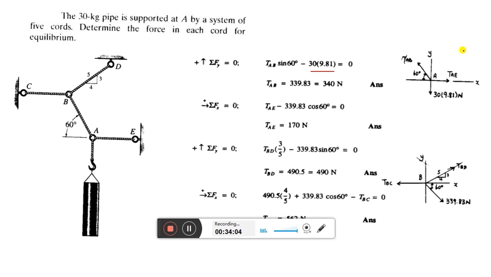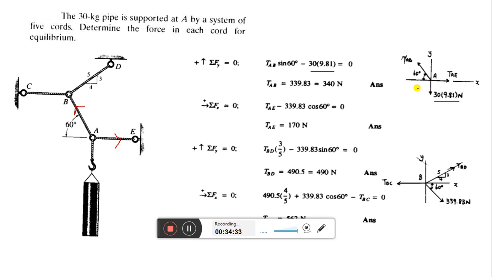Okay, so write it here, 30 into 9.81. What else we have? In this direction we have a tensile force. Obviously if a cord is there, tensile force will be acting there, so write TAE. And in this direction also we have a tensile force, that is TAB. And this angle is 60 degrees.